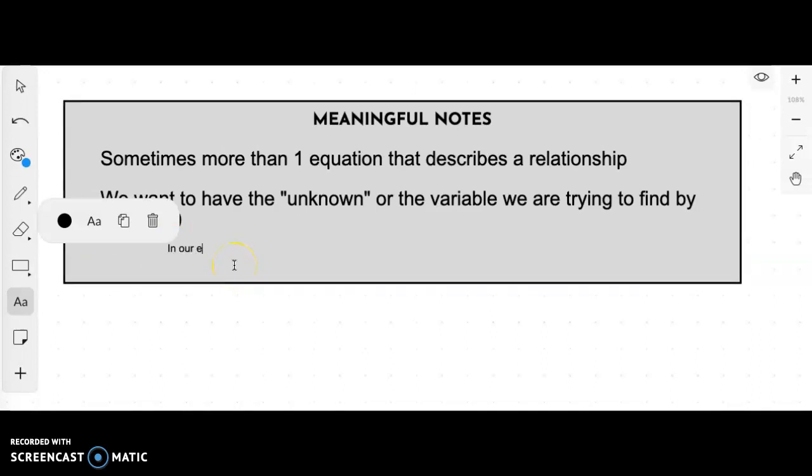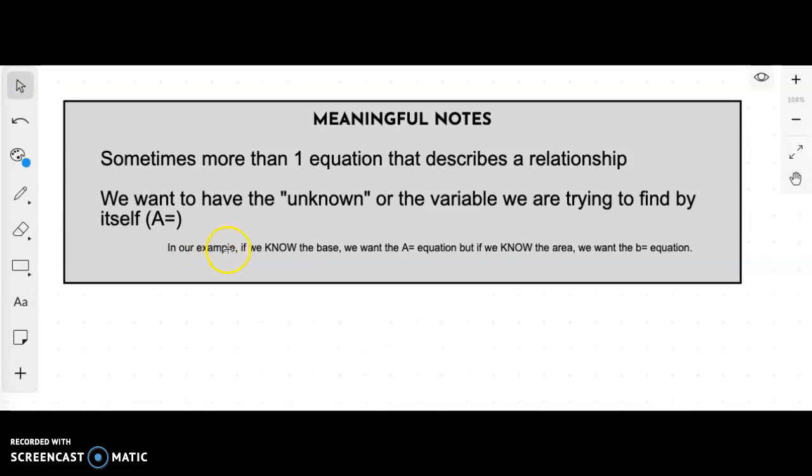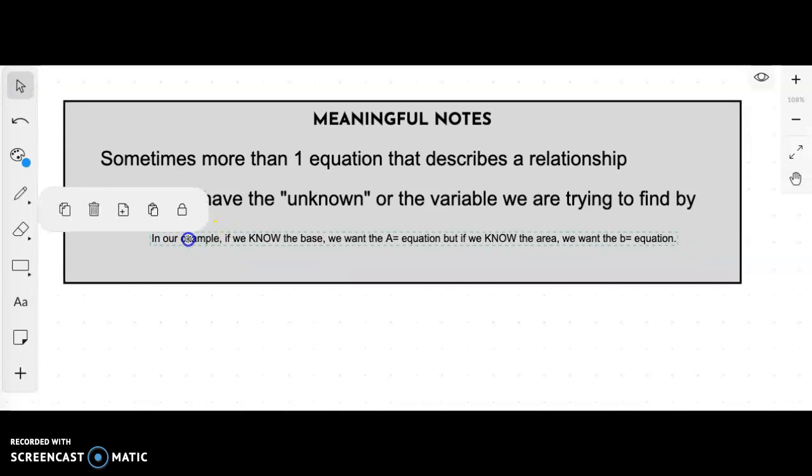If we know the base, we want the A equals equation. But if we know the area, we want the B equals equation. So it can depend based on what we know or don't know. If we know one thing, we can change as we go.